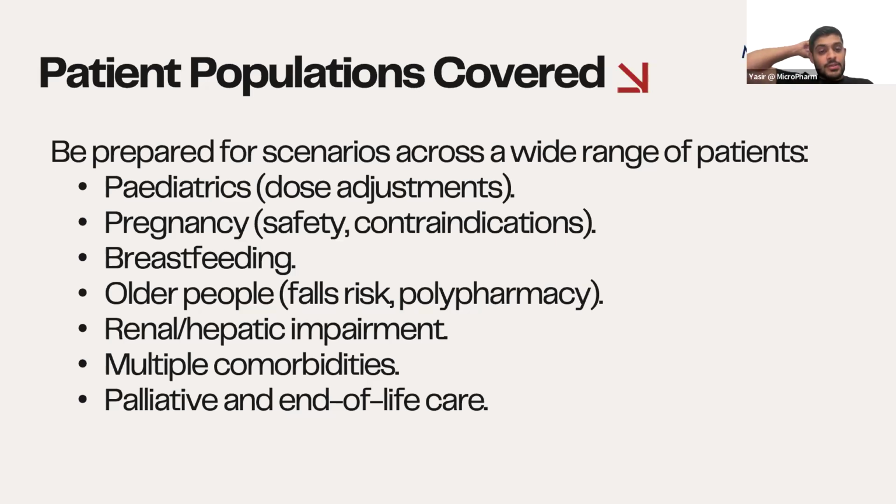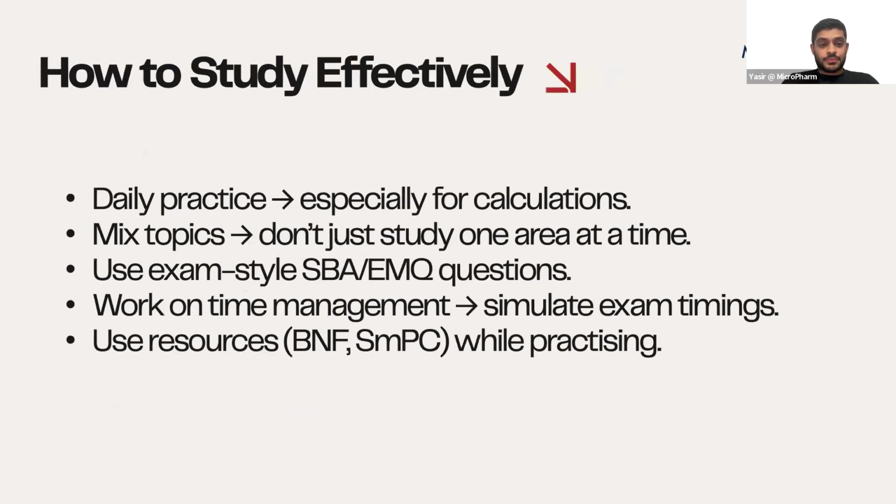And palliative and end of life care. All of these patient populations that are covered should not be new to you or a surprise. It's natural for them to cover many different scenarios with a wide array of different patients.